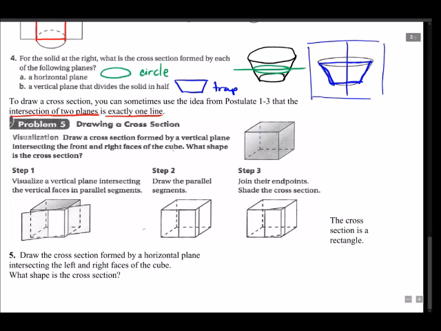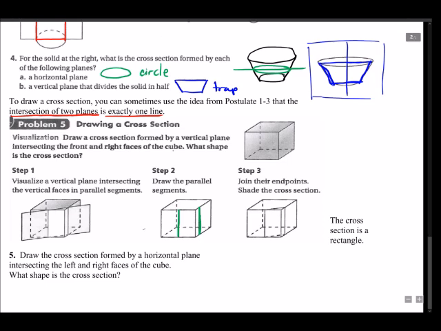If we cut through it, this one's going to be easy, because if we cut horizontal or vertical, it's just another square. But what if we cut the corner off of it? I like to think of this as a block of cheese. If we're cutting the corner off, I'm going to slice down here and slice down here.